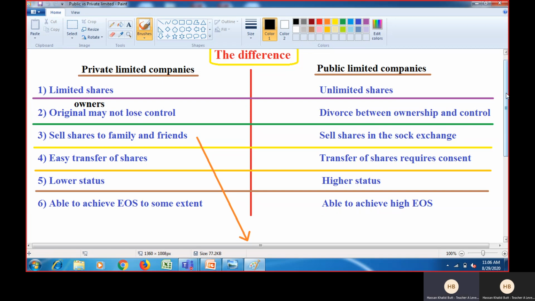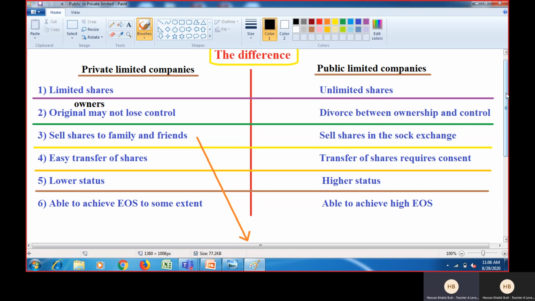Now, obviously, when he or she casts one vote, it will be assumed that more than 50% of the shares are in favor of that original owner, right? So now the other shareholders cannot stop that person from becoming the board of director.